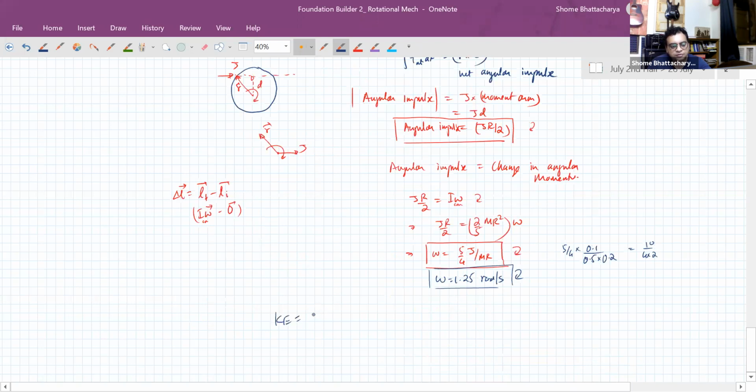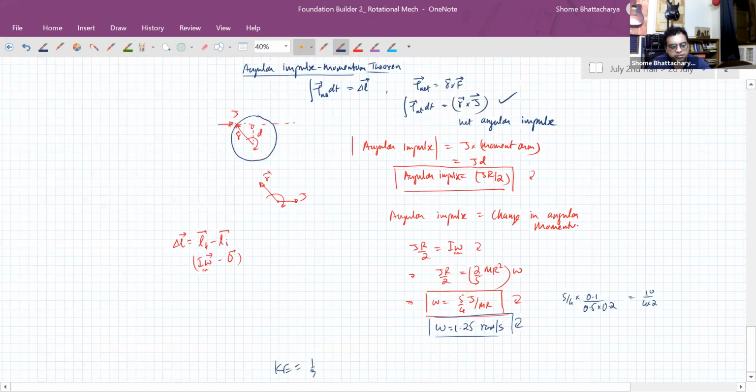And now the kinetic energy of this moving body is just going to be the sum of translational plus rotational kinetic energy.